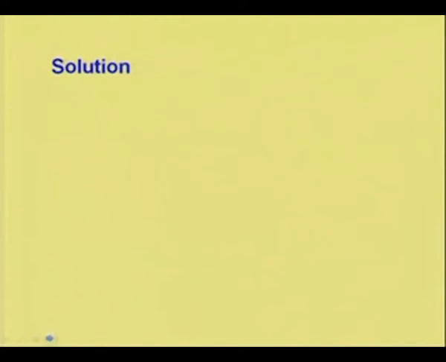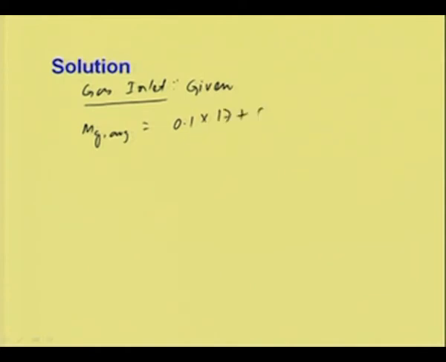Now, for the gas inlet, let us calculate the parameters which are given. Mg average is 0.1 into 17 for 10% ammonia plus 0.9 into 29 for 90% air.